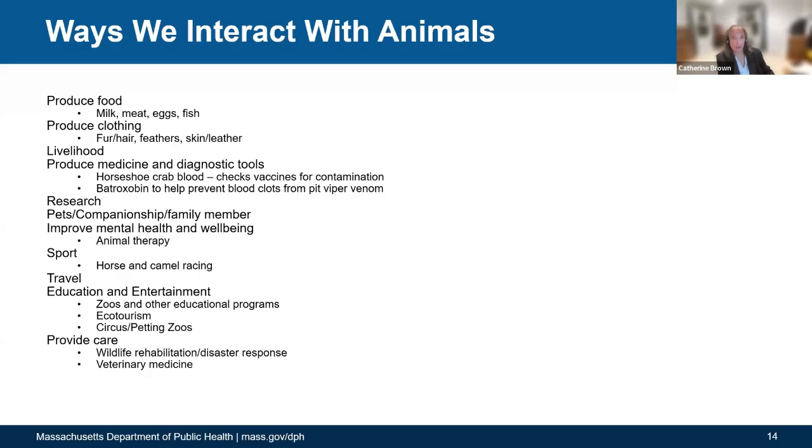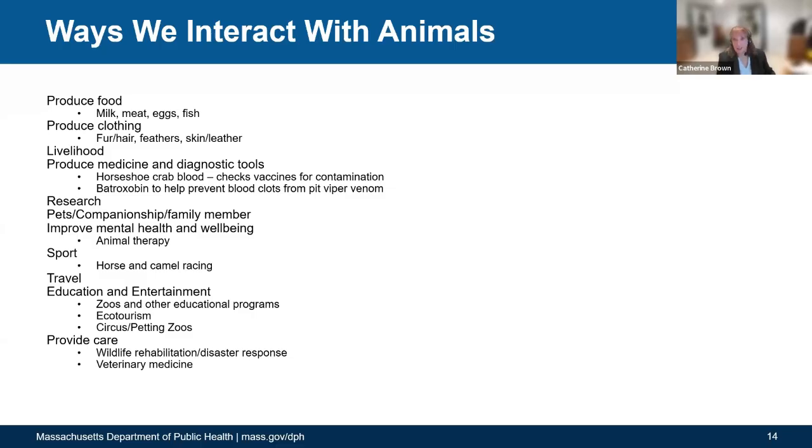So I think I covered most of these, right? This is the written list of all of the pictures that we just showed. I think a couple of things that I didn't mention are that pit viper venom is actually used to produce a medication to help prevent blood clots.